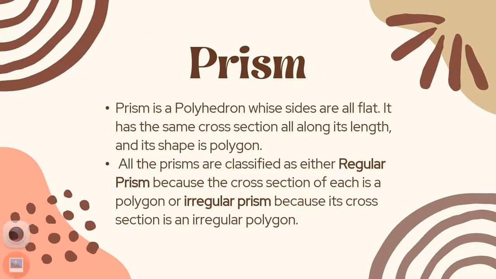So, continuing, a prism is a polyhedron whose sides are all flat. It has the same cross-section all along its length, and its shape is a polygon. All prisms are classified as either regular prisms, because the cross-section of each is a regular polygon, or irregular prisms, because the cross-section is an irregular polygon.